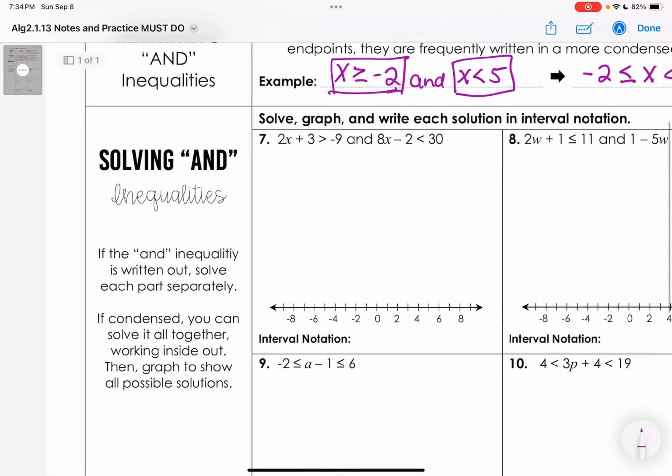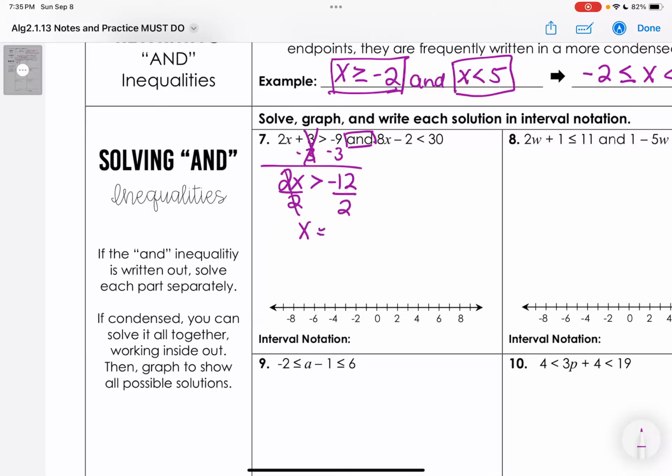Now, if we're solving these, if they're written with an and in the middle, then I just solve them like normal. Like we did on the or, we're going to just have two separate equations. Here I can do 2x greater than -12.